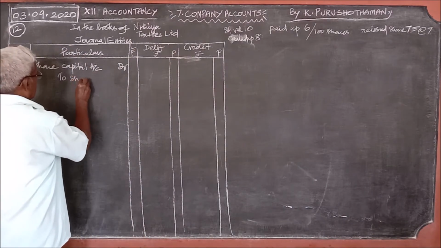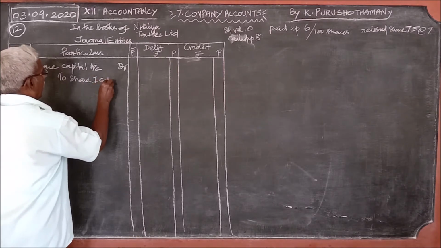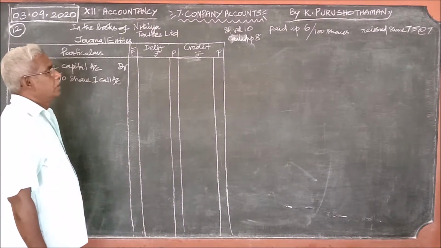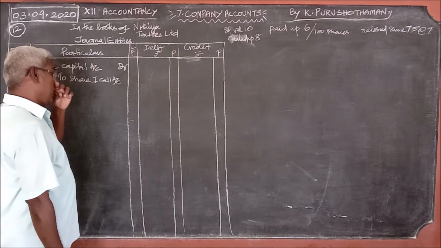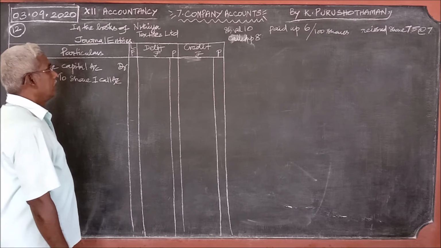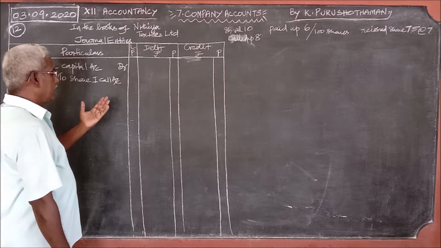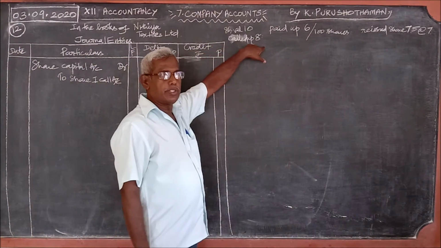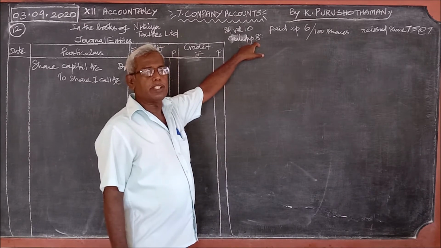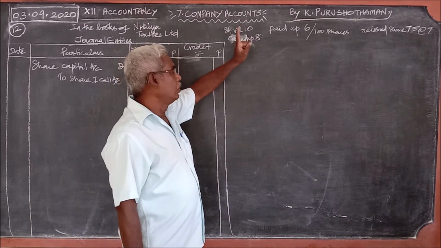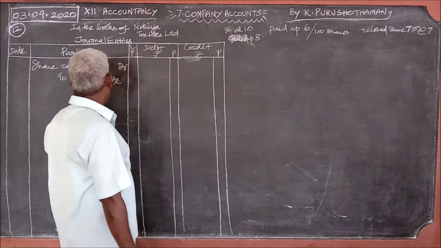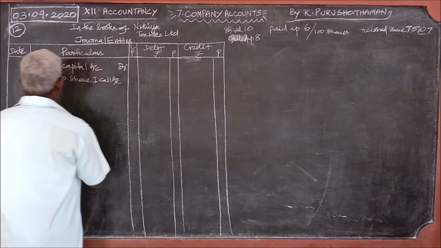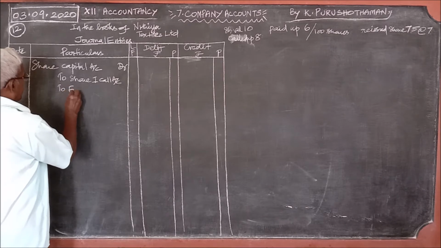So share first call account. Out of this called up 8, paid rupees 6. That means the paid up amount includes application and allotment. What about the remaining 2 rupees? The 2 rupees must be the first call money. So that 2 rupees was not paid. Therefore, share first call account, and as usual, to forfeited share account.